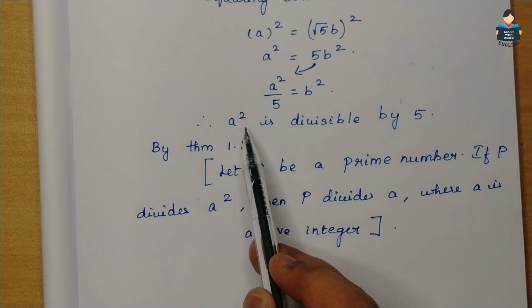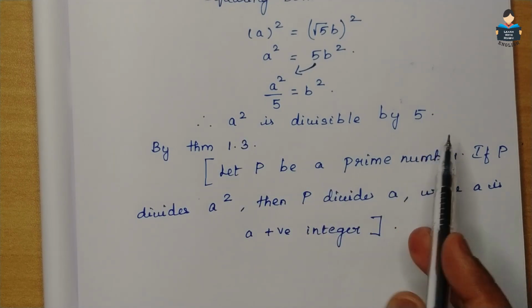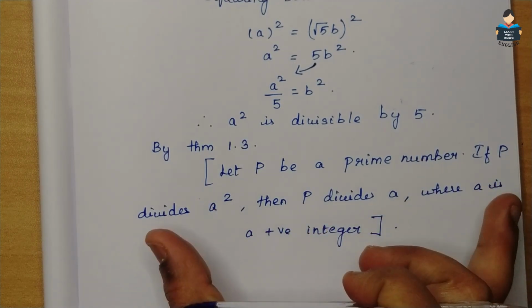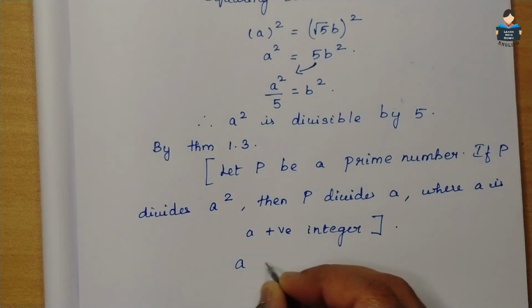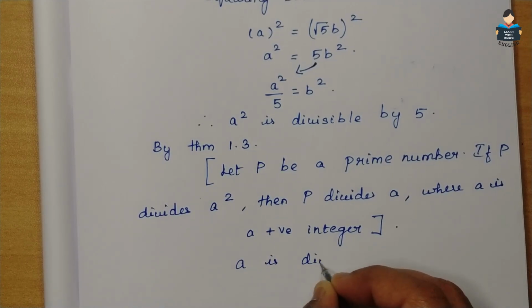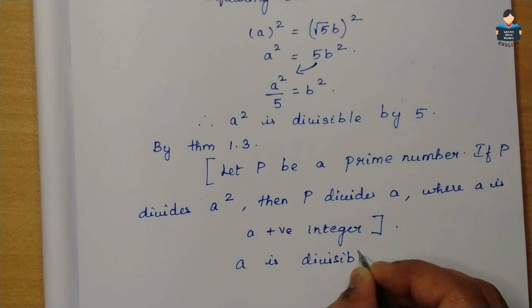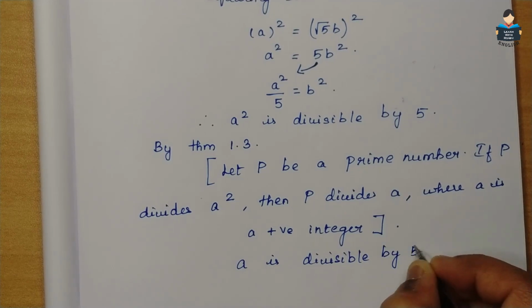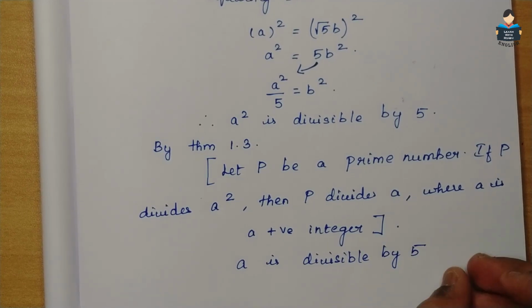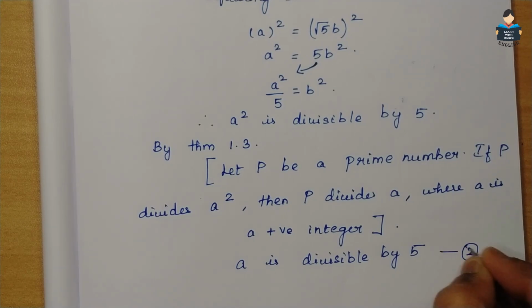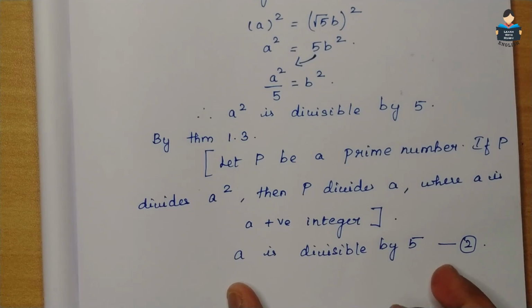Here what we have written is A square is divisible by 5. So by using this theorem, I can say A is divisible by 5. And I take this as the second equation.